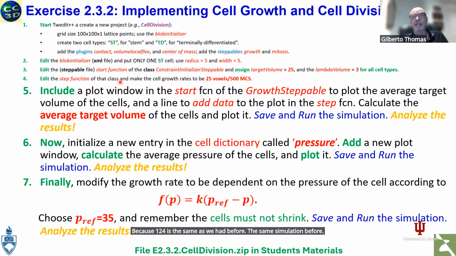You can edit the old simulation if you want and go from there. But anyway, the totally new simulation is in the file E232 cell division in the student materials.